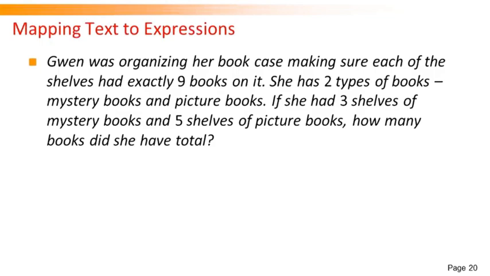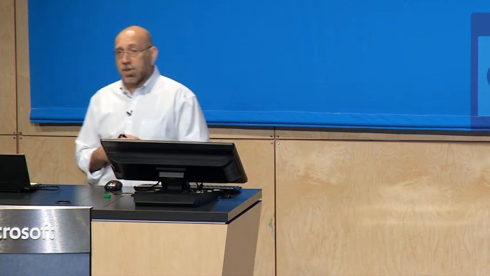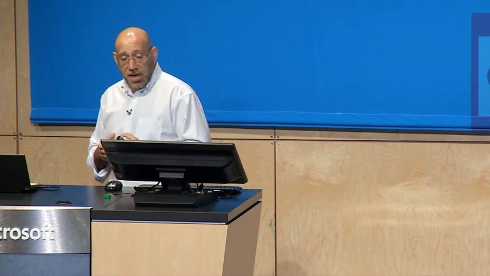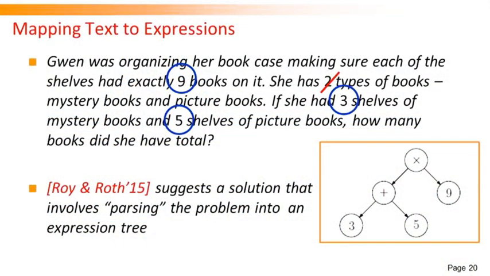So if you look at this 5th grade algebra problem, our goal here is to map, or to parse, this problem into an expression tree. What we've done over the last year or so is develop some methods to do this. Essentially, the idea is to identify which quantities are important in this problem and which are unimportant, the 2 in this case, and then figure out a way to map it into what we call an expression tree.